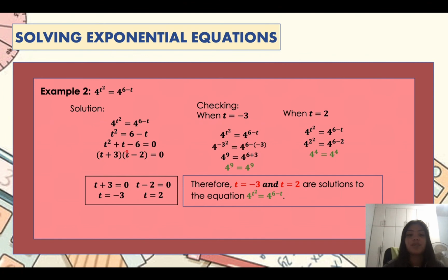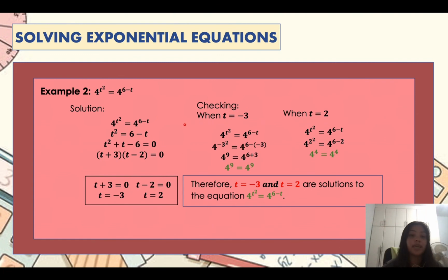We then factor this equation and get t plus 3 times t minus 2 equals 0. We then equate both of these to 0. So t plus 3 equals 0 becomes t equals negative 3, while t minus 2 equals 0 becomes t equals 2.